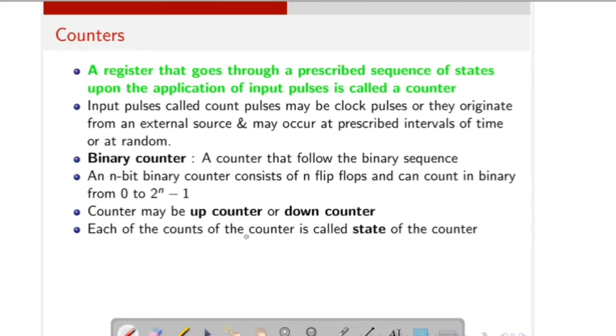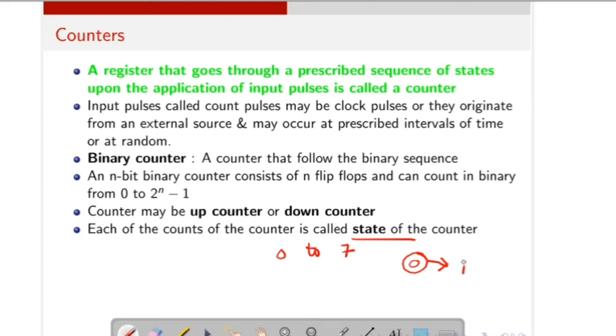Then these counts of the counter actually act as the states of the counter. So in the case of a 3-bit counter, it goes through the counts 0 to 7. Each count is called the state of the counter. That means it starts from 0.